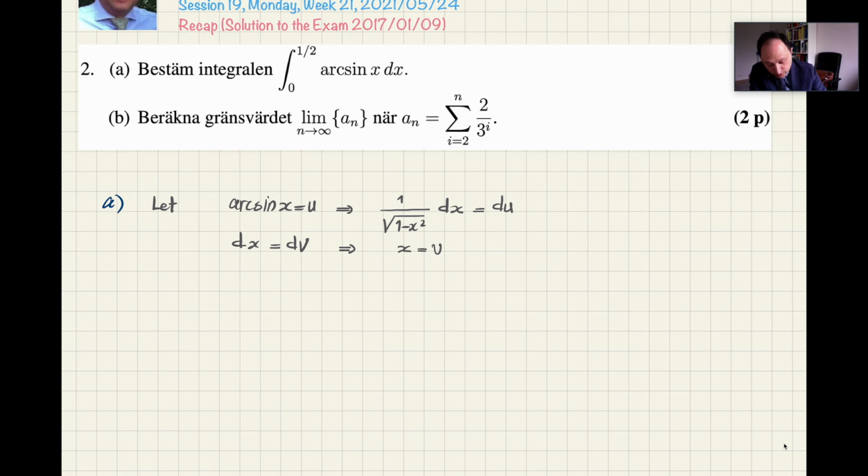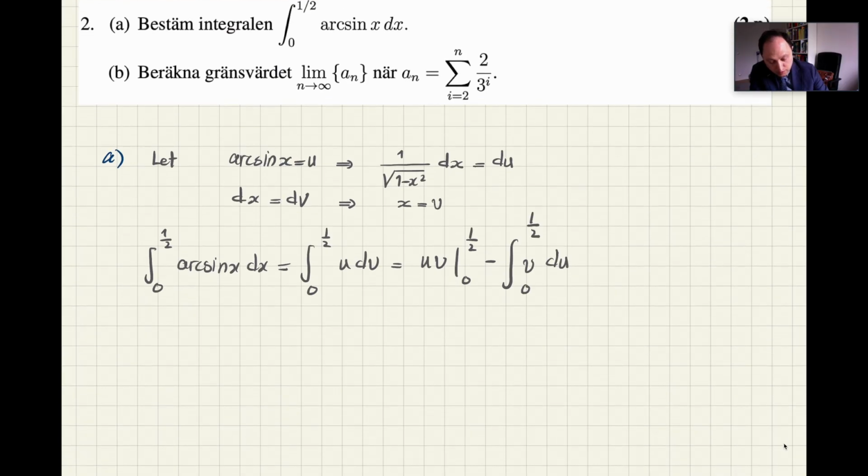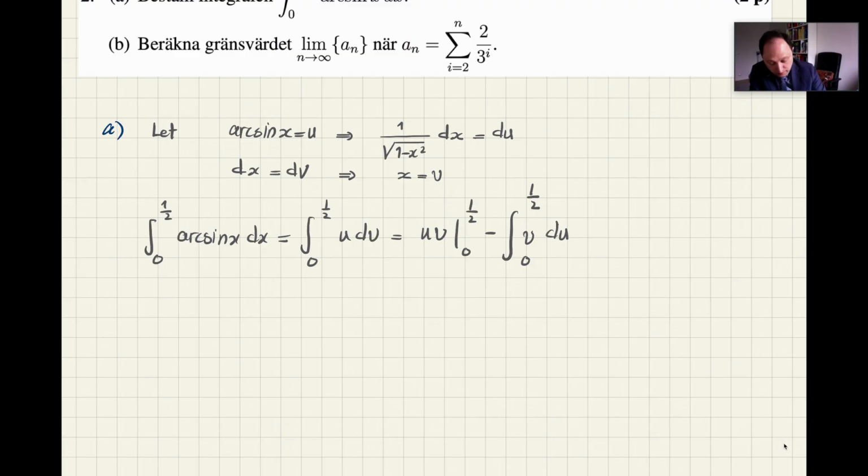Then the integral that you have, the integral from 0 to 1/2 of arc sine x dx, is actually the integral from 0 to 1/2 of u dv, which according to the formula can be written as uv from 0 to 1/2 minus the integral of v du from 0 to 1/2. But we both know what u and v are. We know both of them actually. U is this expression, v is this expression.